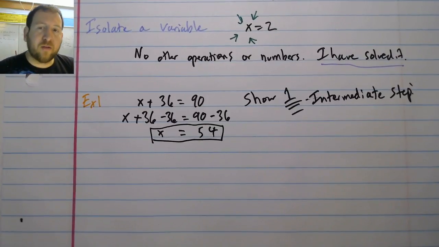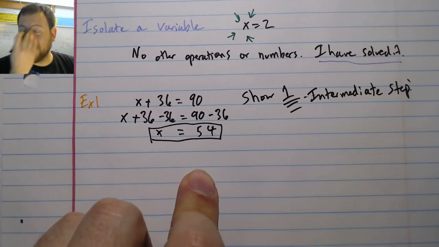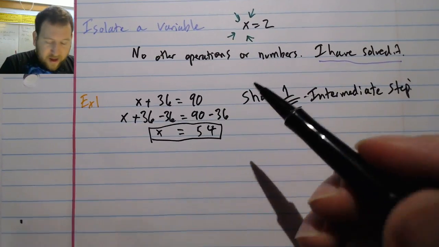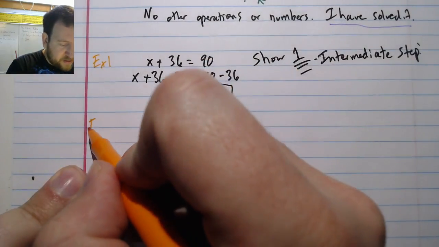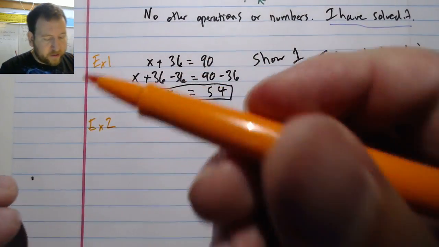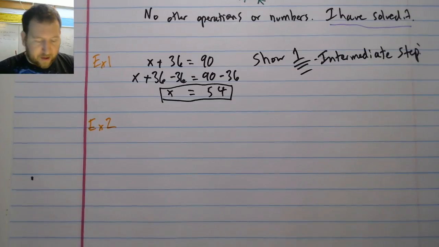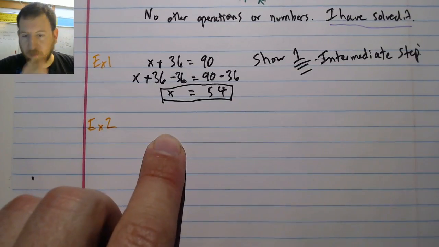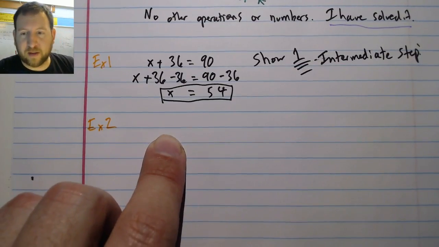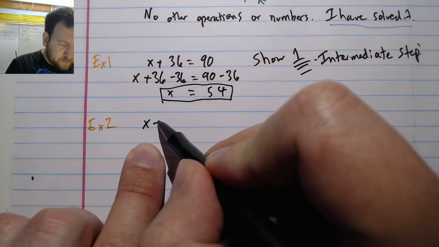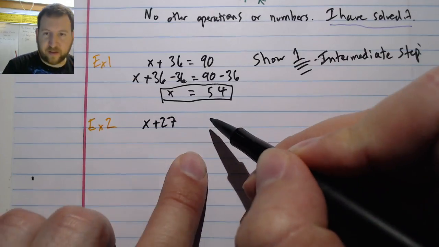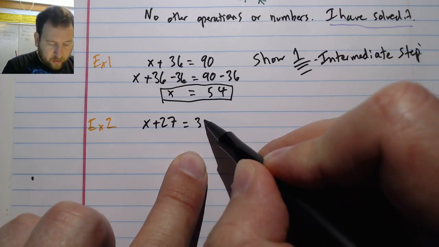Now, all of the questions in this section are going to be pretty easy because they're pretty much going to be exactly this. You're just going to practice and get it down all the ways that we can solve this. And then as we go further into this chapter, it's going to get much more difficult. So I'll just do one more example because I don't think this is going to be particularly challenging. x plus 27 equals 35.